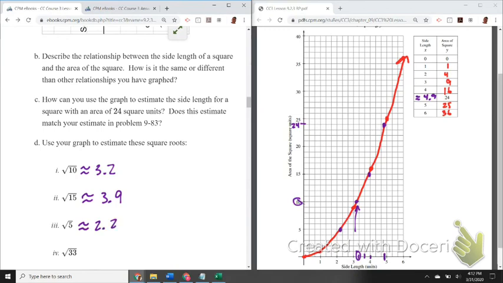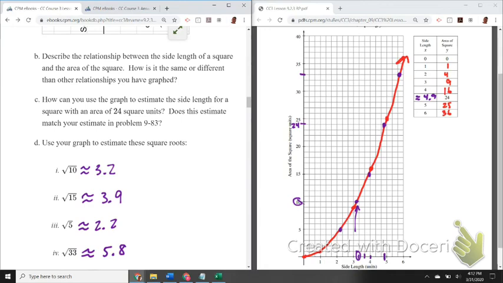And then the last one, square root of 33. I find 33 in my graph, which is right there, and that is just under 6. So it's going to be, I don't know, 5.8 maybe. Okay, and just check your answers with a calculator, see what you guys come up with, or see if your answers made sense or not.